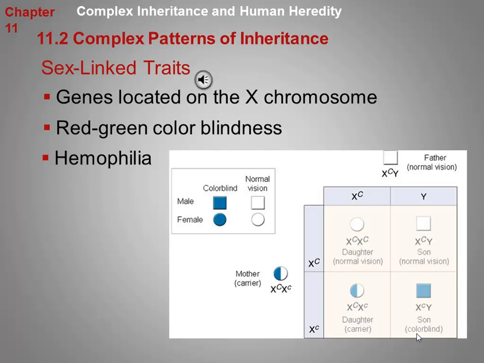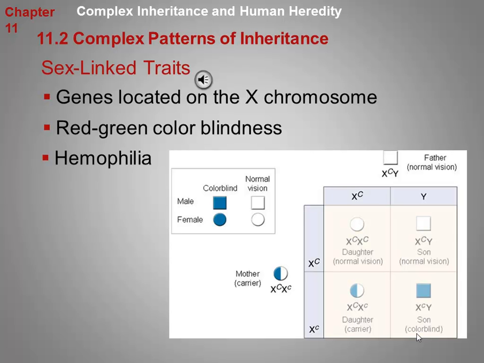So if they have a recessive trait on one X chromosome, the other could give them the dominant trait. So they have the heterozygous condition. Instead of having a certain condition, most of the time they're just carriers for it because they have two X chromosomes. But with males, since they only have one X chromosome, whatever gene is on the X chromosome gets expressed. There's no other X chromosome to dominate over it.